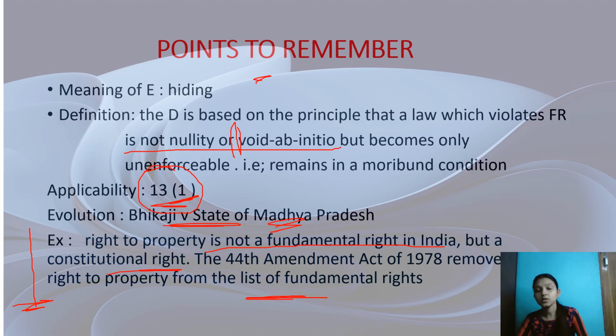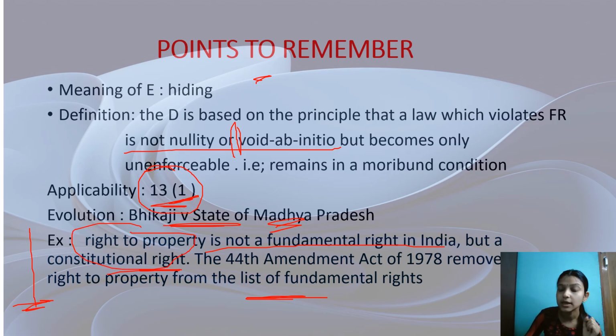Now listen to me very carefully to understand what the doctrine of eclipse is. For example, there is a law which is made before the commencement of the Constitution, that is, 26 January 1950. And there is a provision which is in contrast with a fundamental right, that is, the right to property, which is a fundamental right.